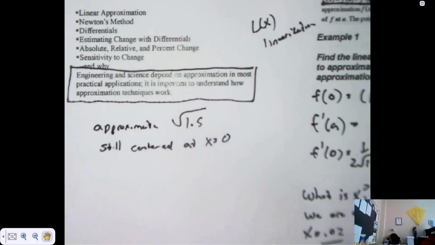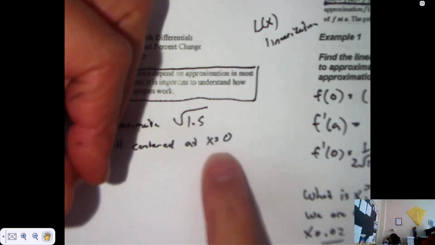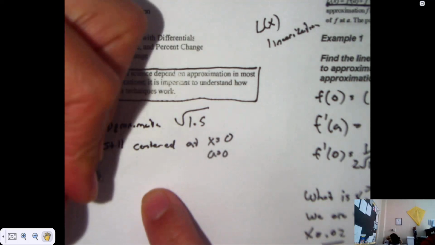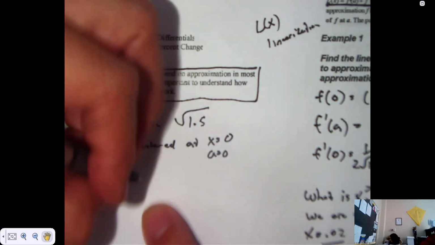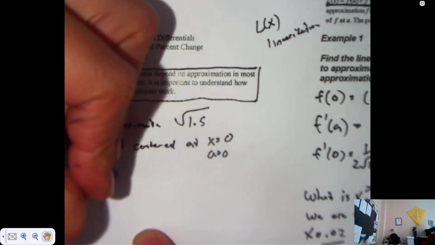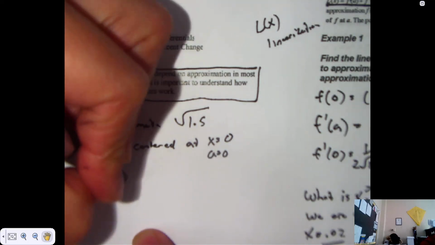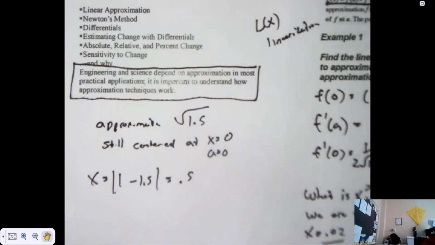Now, we've got everything in place. Remember, this is our a value. A is 0. The x value is the difference. X value is the absolute value of 1 minus 1.5, which in this case is 0.5.